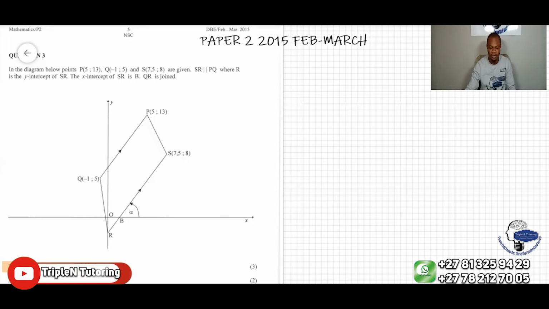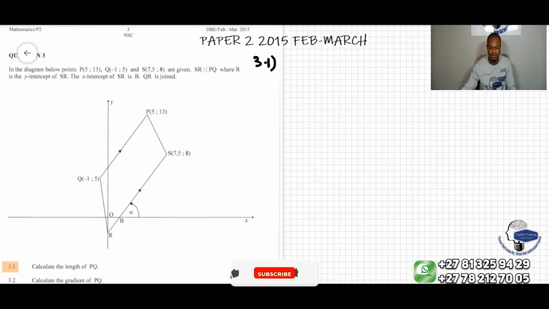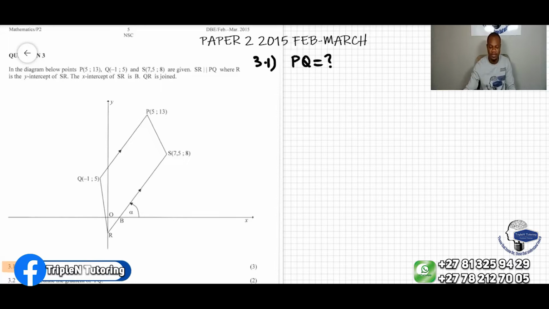So now I want to write here question 3.1. So the length PQ is what we're looking for. To find the length PQ, we are going to use the distance formula.